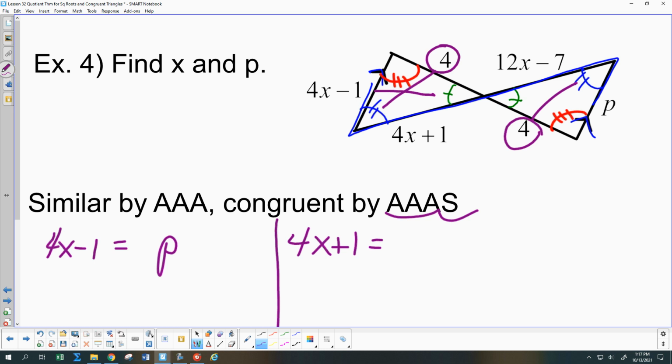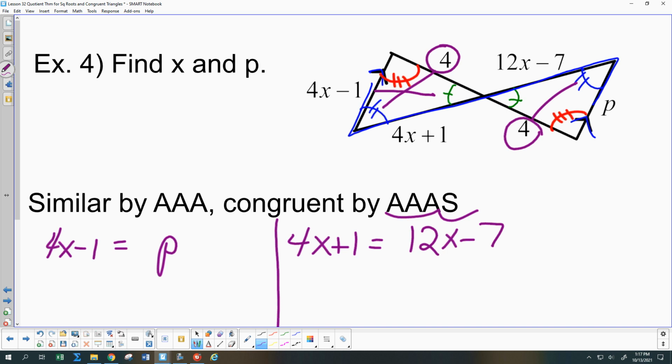So Leah, 4x plus 1 is across from 3 red tick marks. What's across from 3 red tick marks in the other triangle? And that one only has X in there, so you guys solve that real fast for X. So Emily, what's X? 1.